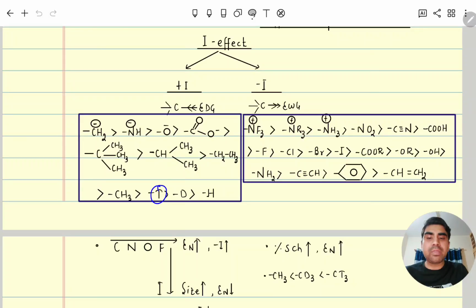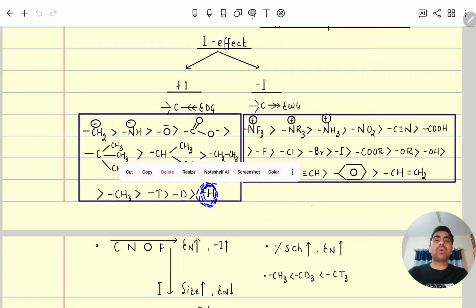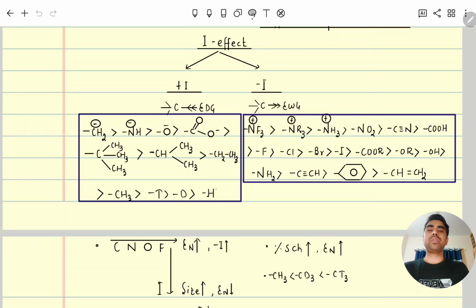After that, tritium, then deuterium, and then hydrogen. In tritium, the bond length will be shorter, so its tendency to give will be more. Whereas for hydrogen, since its bond length will be more, the electron density is less, so its tendency to give to the chain will be relatively less.